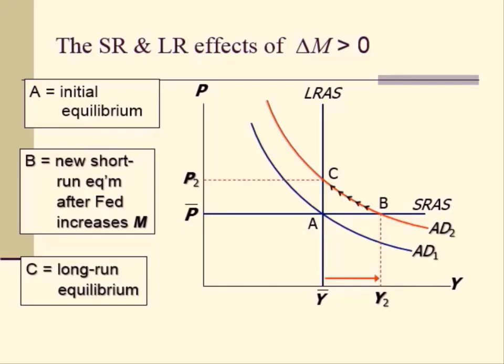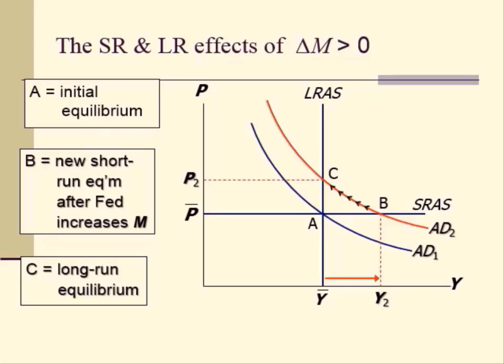So at the end, you reach point C, the long-run equilibrium, where you go back to Y bar, the natural level of output. Correspondingly, you're going to go back to the natural level of employment. So at the end, in the long run, compared to the short run, the price level rises from P bar to P2, and output stays equal to point A, the initial level. And the natural level of unemployment stays the same in the long run as in the beginning.